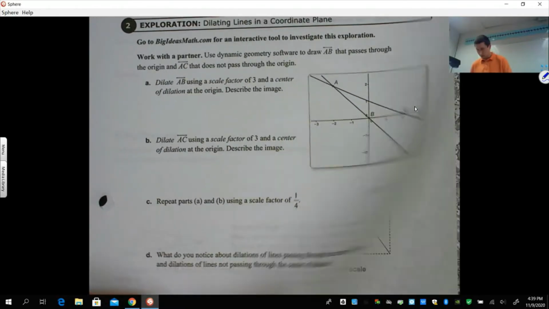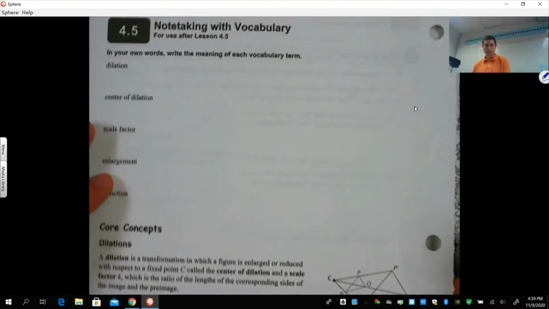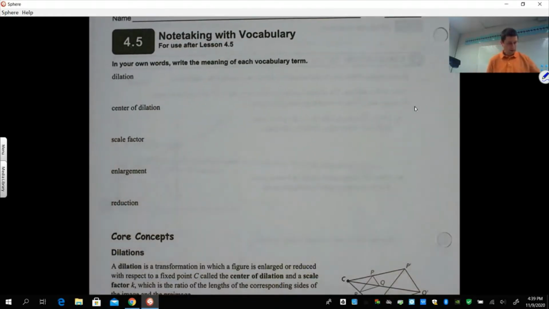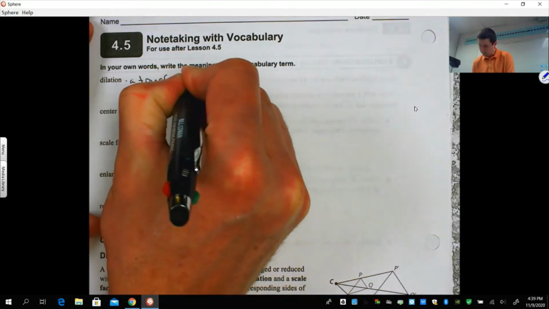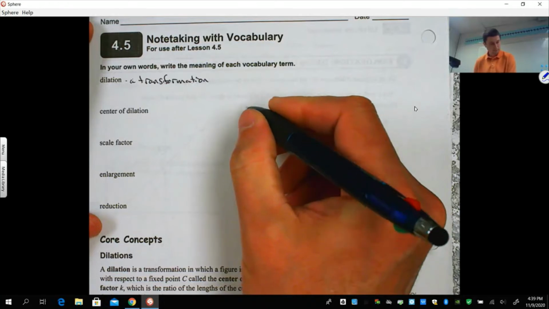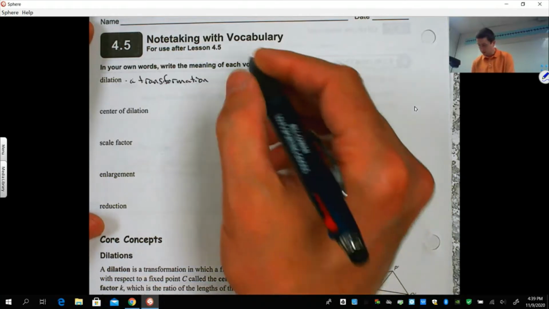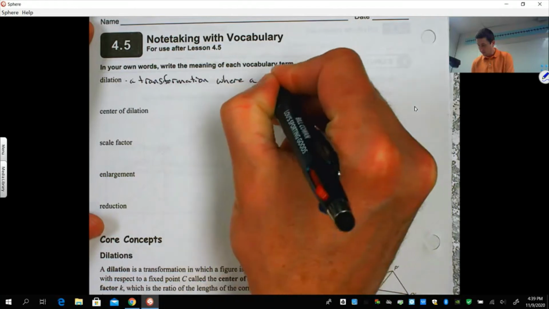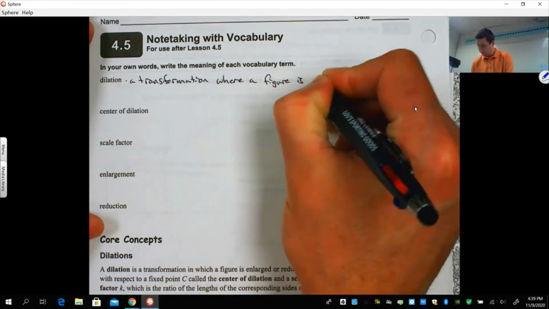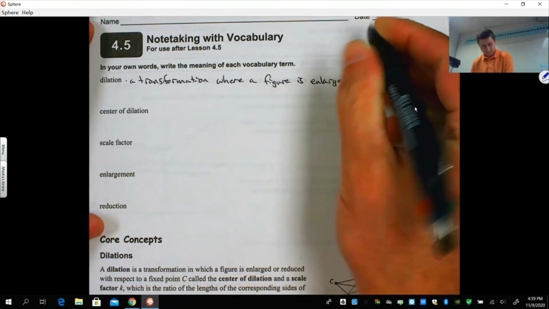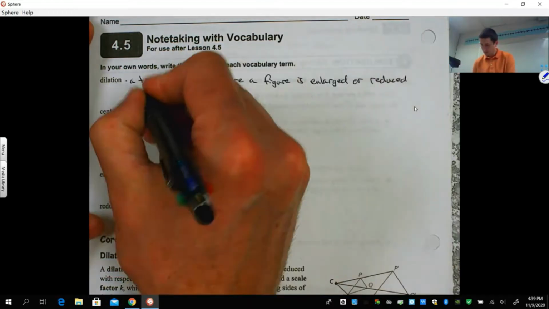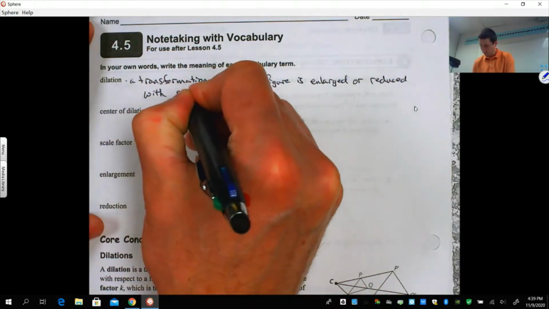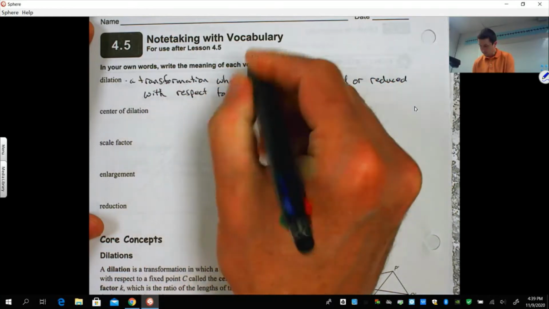We're going to go all the way over to page 114 now. And we have our vocab here. A dilation is a transformation. It is a type of transformation. It's like a translation, reflection, rotation, where a figure is enlarged or reduced with respect to a fixed point.